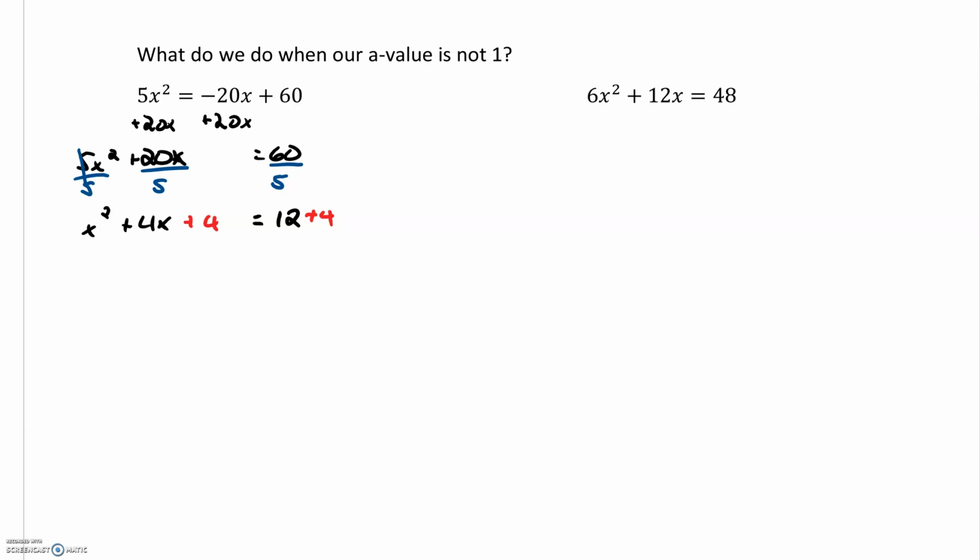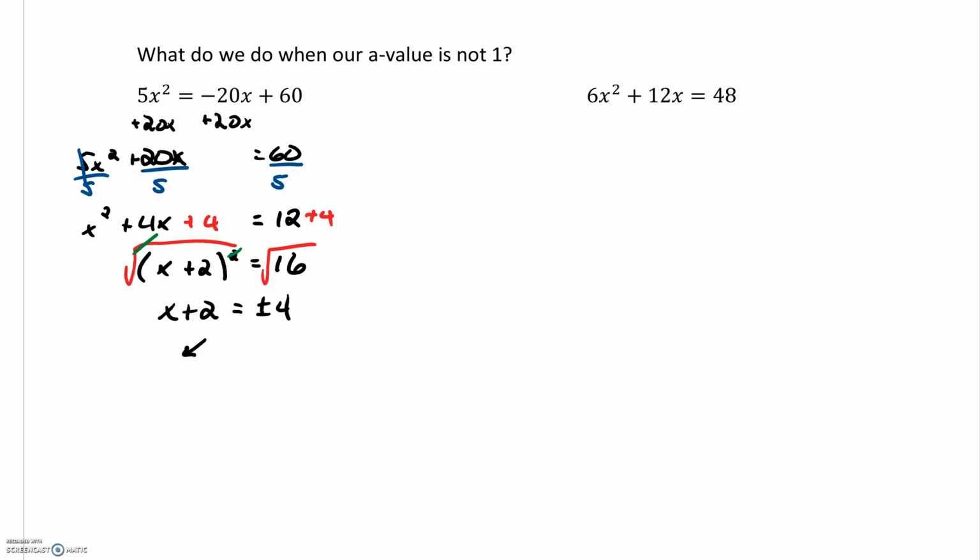Now I can factor the left-hand side into x plus 2, the quantity squared, and the right-hand side becomes 16. Now I solve the way I normally would, taking the square root, because the square root cancels the squared, and I'm left with x plus 2 is equal to both positive and negative 4.